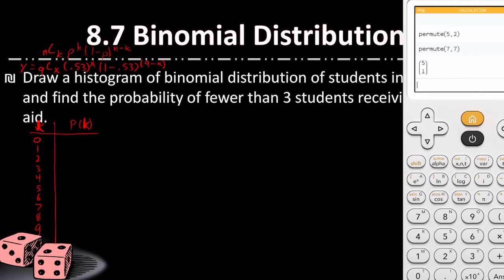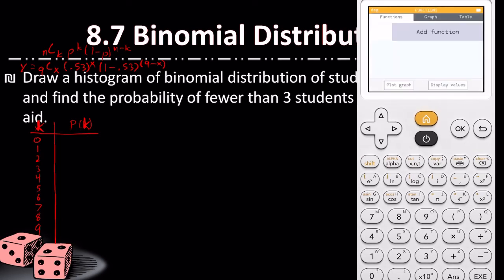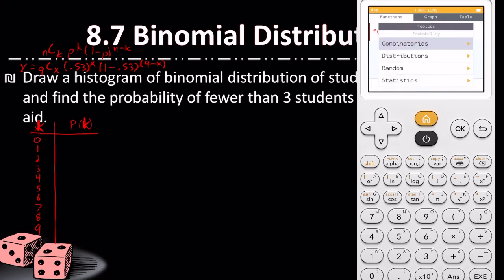So let's grab my calculator. Go to my functions. I'm going to add a function. All right, so I need my combination.